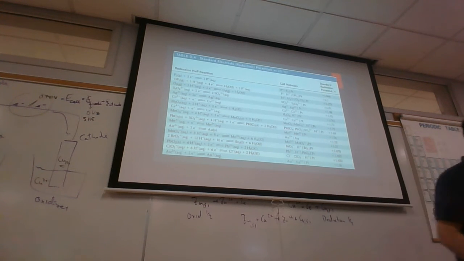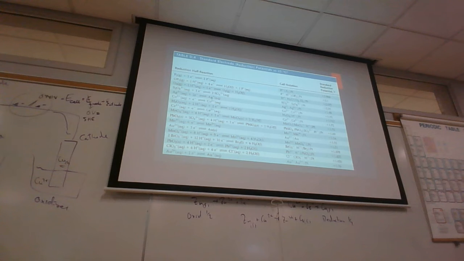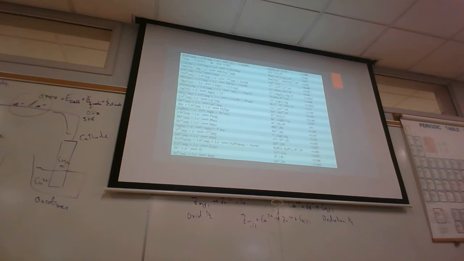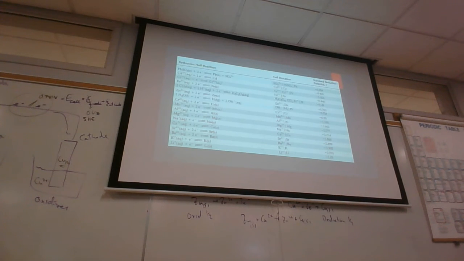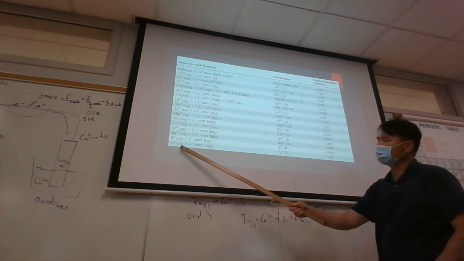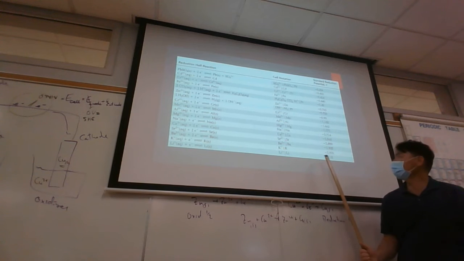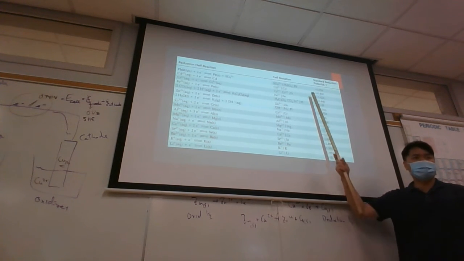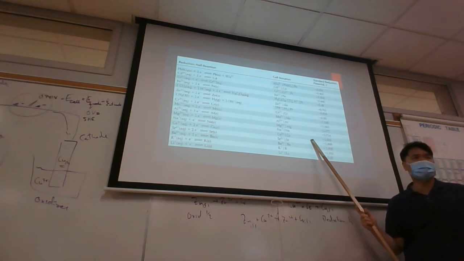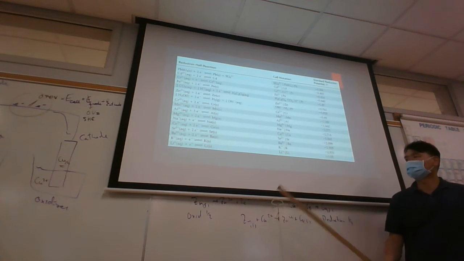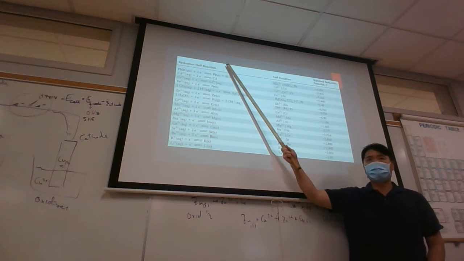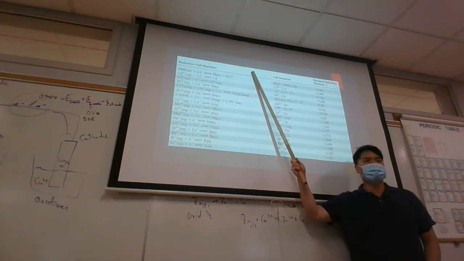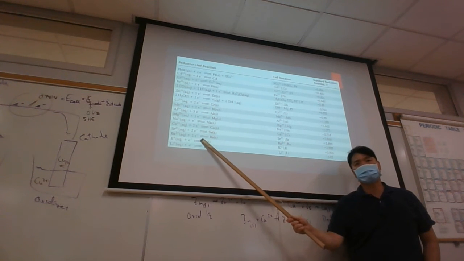What's the weakest oxidizer on the chart? The weakest oxidizer on the chart is lithium ions. Lithium ions have a negative 3.05 volts. That's a 6 volt difference in reduction potential. So in other words, fluorine gas is 6 volts higher in potential than lithium ions.